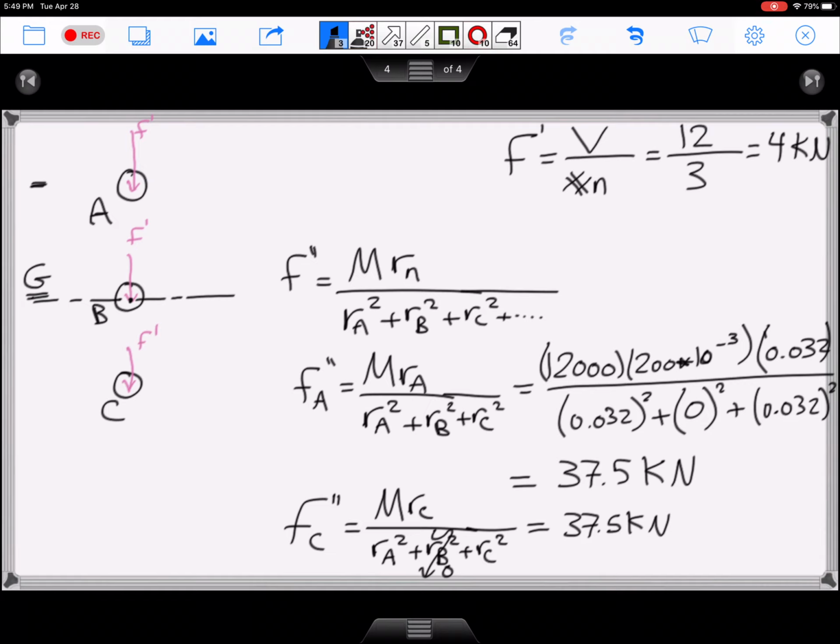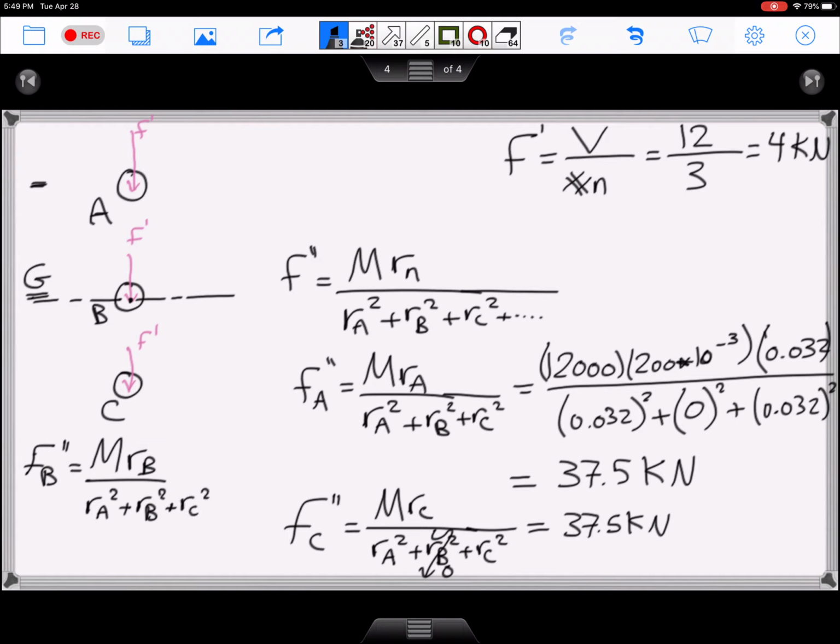You might be wondering, we skipped the secondary shear on bolt B, but remember the formula. As a side note, let's write down the formula for secondary shear for bolt B: M RB over RA squared plus RB squared plus RC squared.